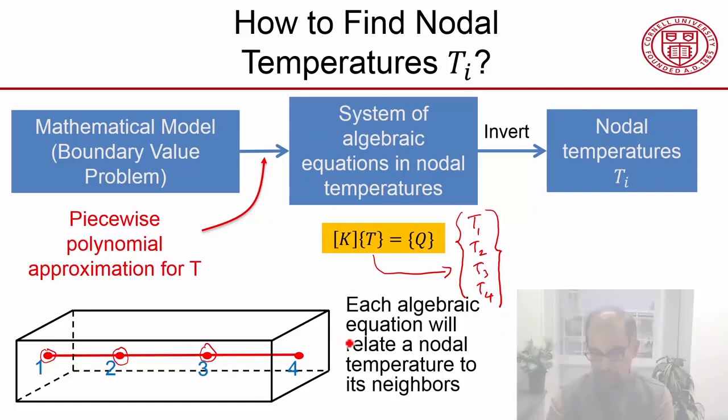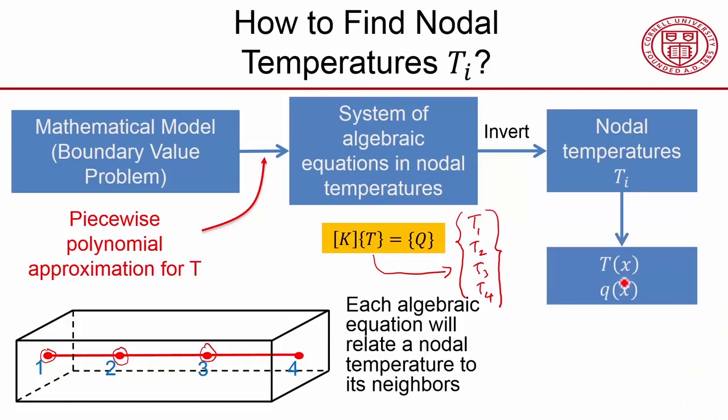And once we know the nodal temperatures, we can derive everything else from those 4 nodal temperatures through post-processing. So if I want to know the temperature at any arbitrary point, if I want to know the temperature here, I can just use my interpolation to find that. So this I'll do by interpolation, and then I can differentiate my interpolation to get the heat flux, that is the heat flow per unit area.